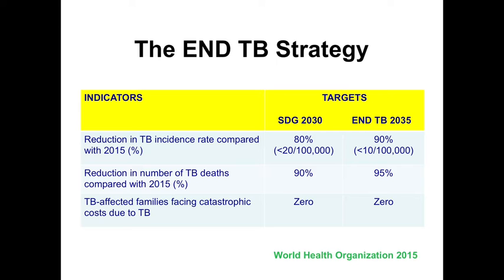We'll reduce the number of TB deaths compared with 2015 by 90% by 2030 and 95% by 2035. And during all this time, we expect to have no families facing catastrophic financial costs as a result of tuberculosis.